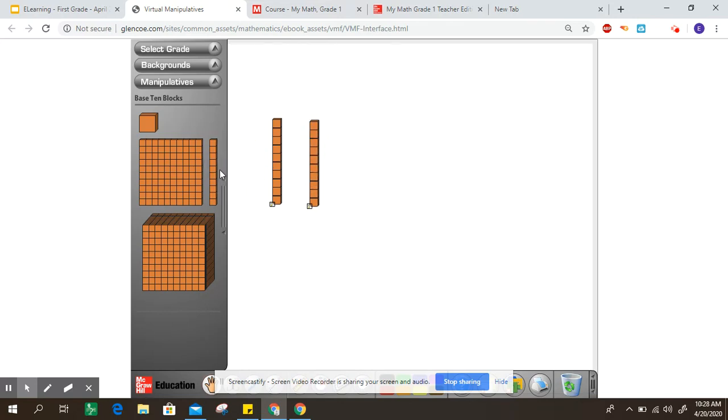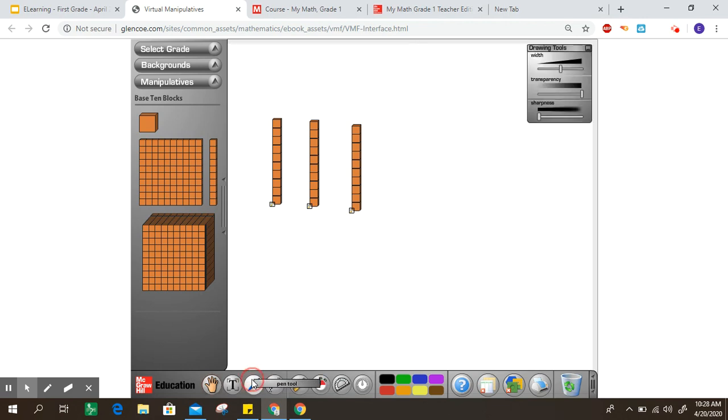What we're going to focus on is our groups of 10 to subtract tens, just like in the video. If I have a problem here, let's see, 3 tens, or what number is that total? 10, 20, 30. So if I have 30, and let's say I want to take away 10, how will I do that?